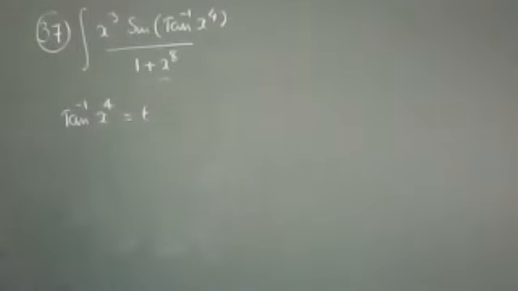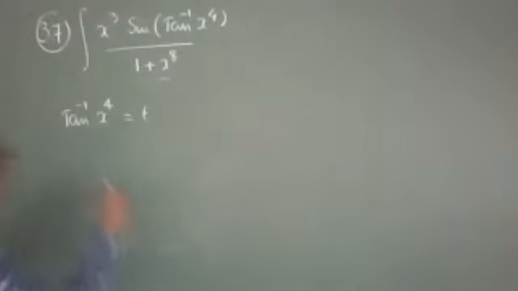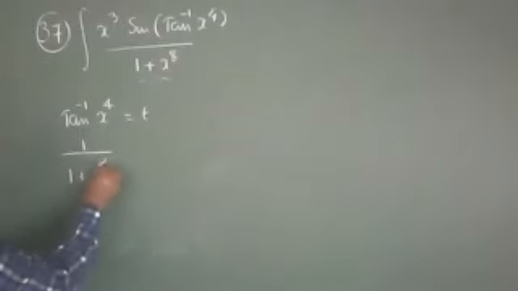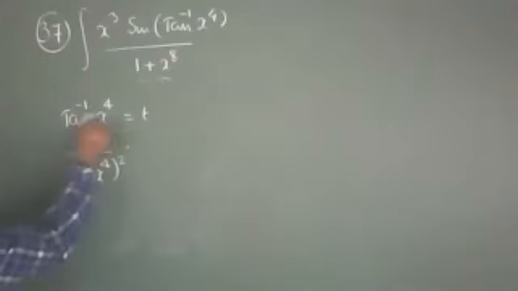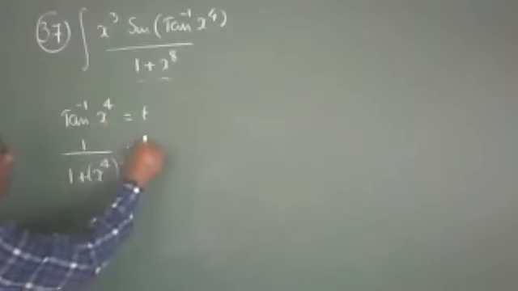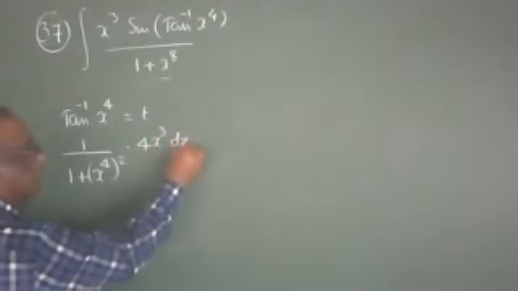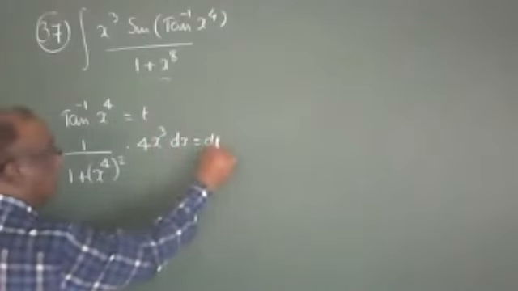Tan inverse derivative is 1 by 1 plus x square, x power of 4 whole square, into, so by the chain rule, it is not a single function, x power of 4. Therefore, x power of 4 derivative is 4x cube. Itself derivative is dx equal to dt.